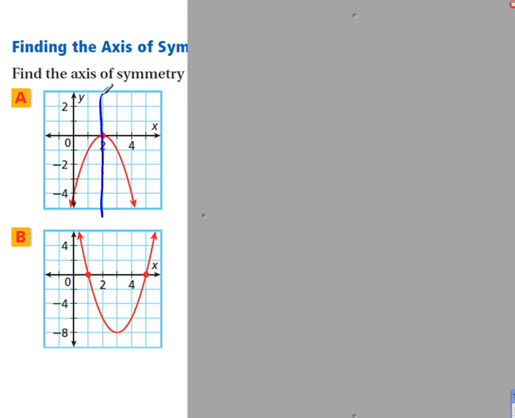What is this equation right here? What is true about any point on this line? So what is the equation for this line? Okay. So the axis of symmetry is where x equals 2.